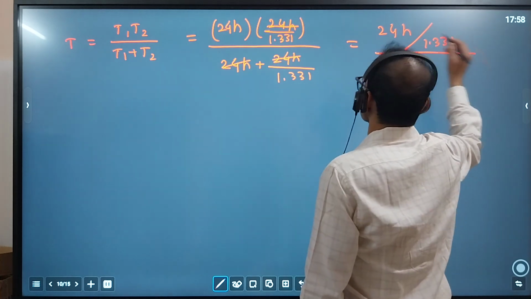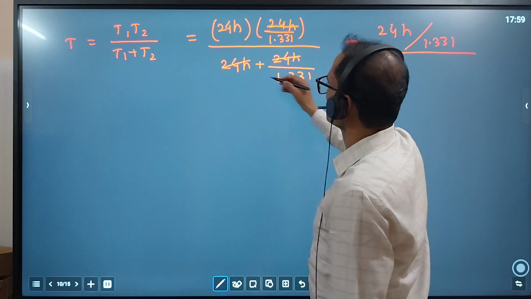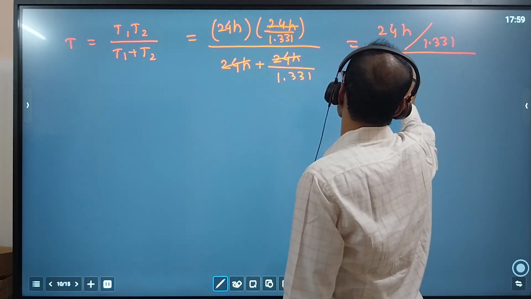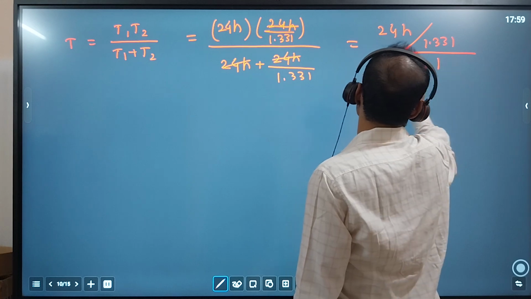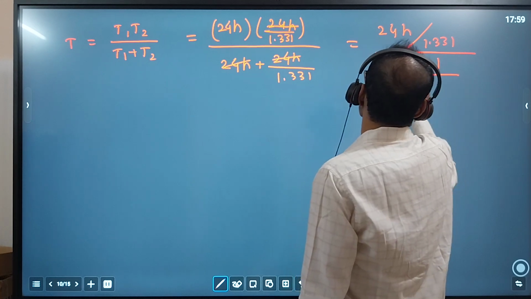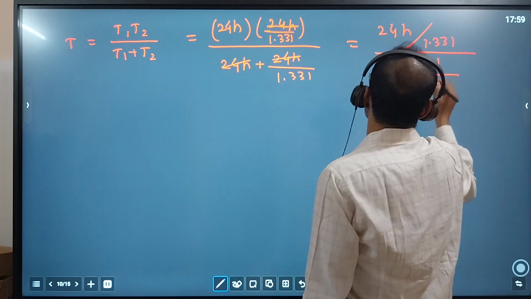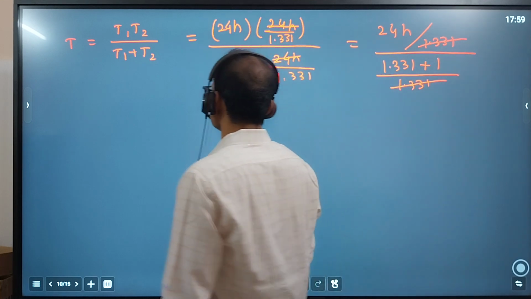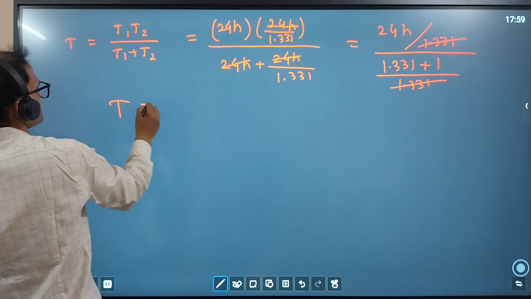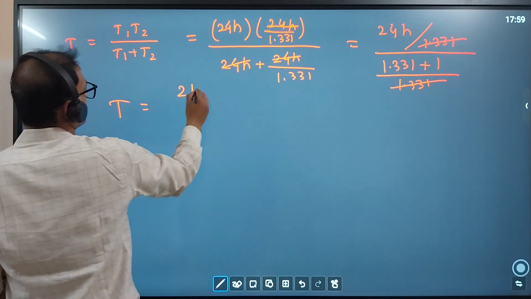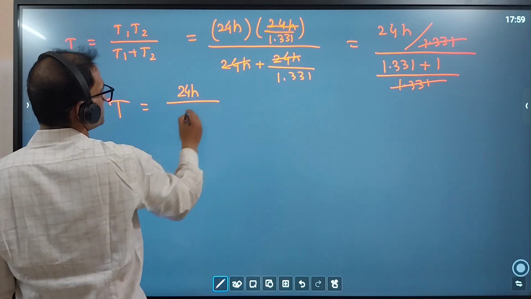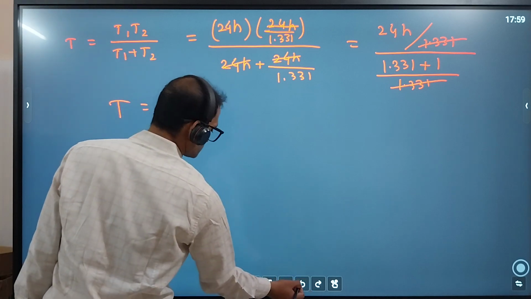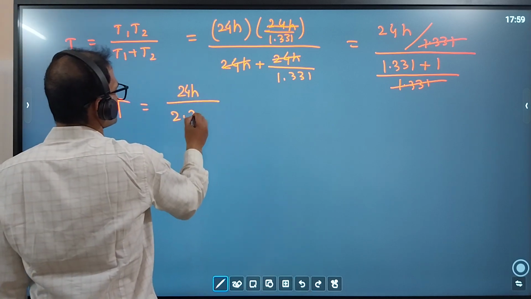So you will get 24 hour divided by 1.331, and this will become 1.331 plus 1 by 1.331. So these two things are gone, and what we are getting at the bottom is 24 hour by 1 plus 2.331.